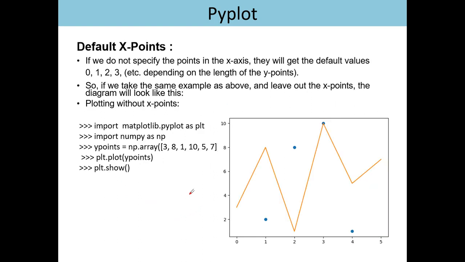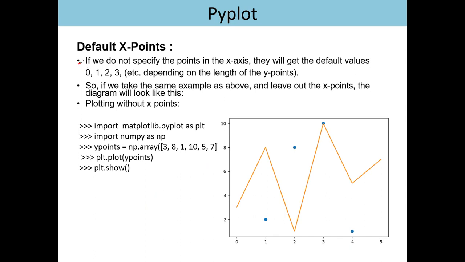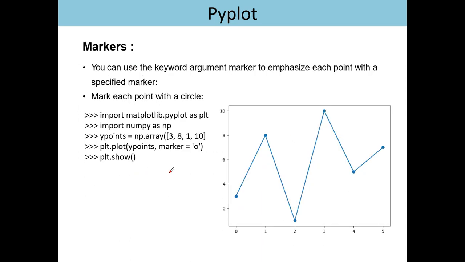This o means rings. The default x point will start from 0 and move on in that way, in a sequence. So this is the thing we did just now.